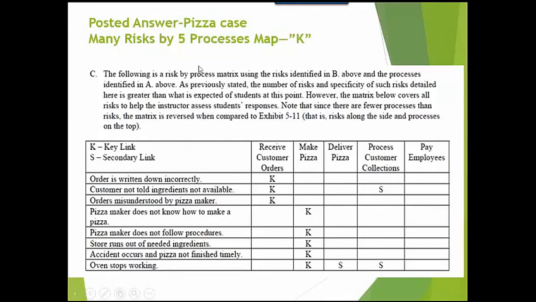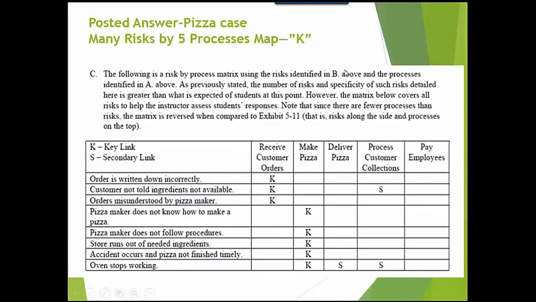Okay, so we're looking at the process map, and I guess this is a pizza place. You notice that a key risk is that the order is written down incorrectly. So the risk is if you order pepperoni pizza when in fact they wanted mushrooms, that's a problem.